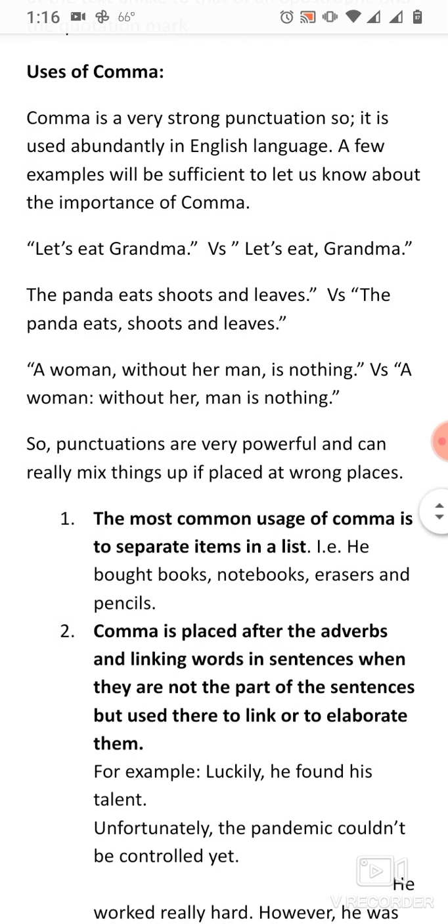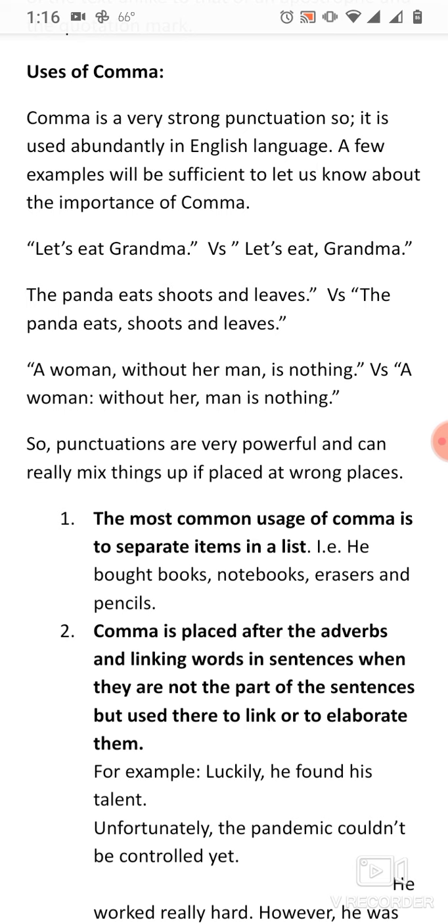The second sentence is: the panda eats shoots and leaves. The panda eats shoots and leaves. Versus, look, the panda eats, shoots, and leaves. Look at the power of the comma. The panda eats, shoots and leaves.